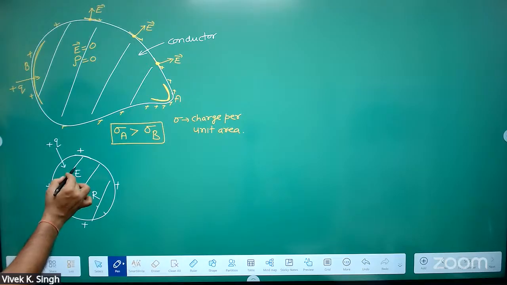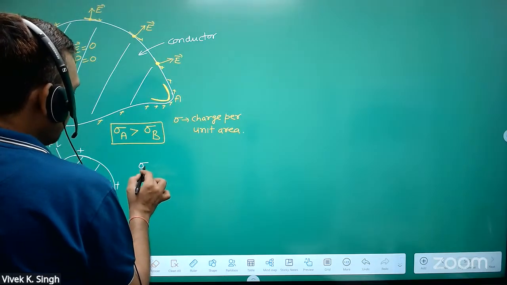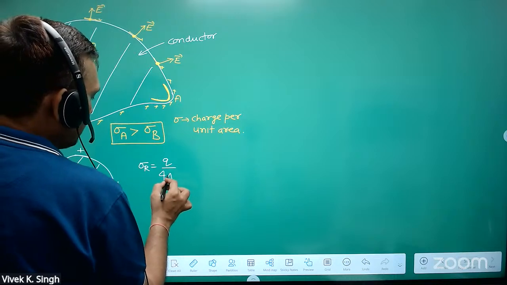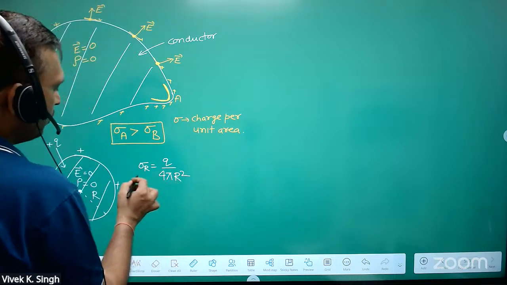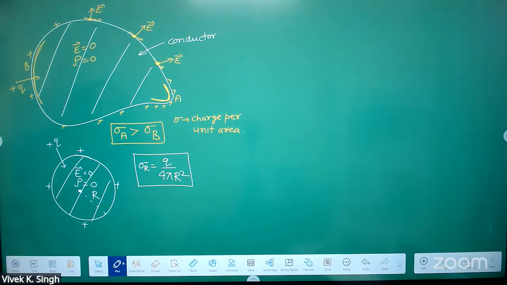So although E is 0 inside and rho is 0 inside, the surface charge density sigma is given by q by 4 pi r square, because this distribution is now uniform. Clear?